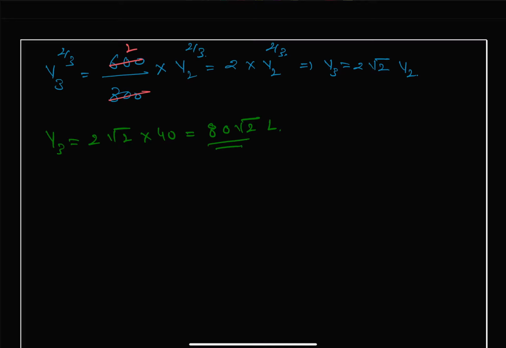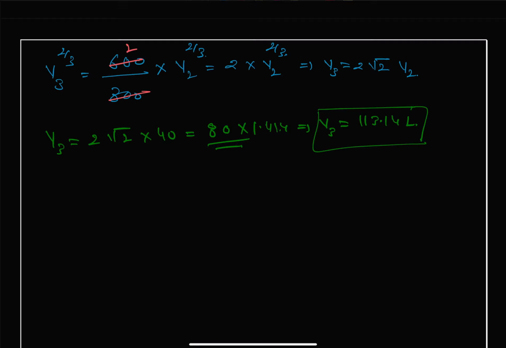Let's substitute the value of root 2 also, root 2 is 1.414, so this gives us that V3 will be equal to 113.14 liters. So this is our final volume.